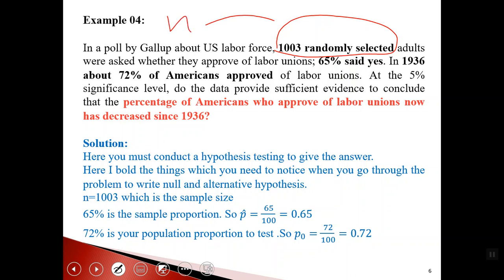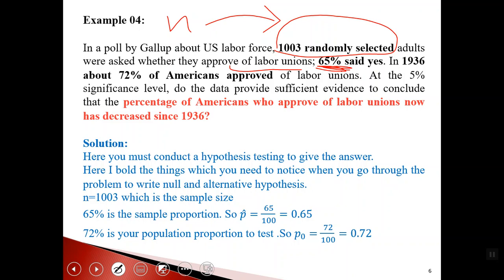Sample. This is your sample size. Okay, then approval of labor union 65%. So 65% said yes, which means the success rate of your sample is 65%.